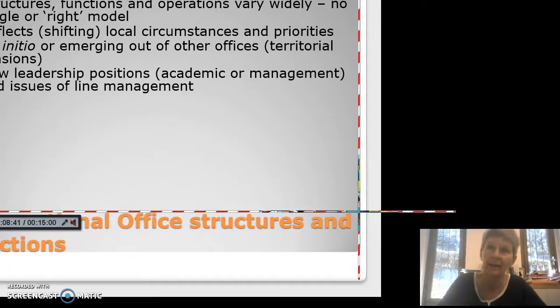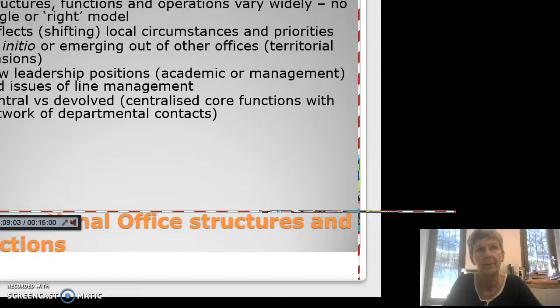Will it be more of an academic or a management reporting line? And sometimes it's not that easy either, because as internationalisation spreads across perhaps different portfolios, the head of the international office may find him or herself reporting to a number of different people. And that has its challenges as well.